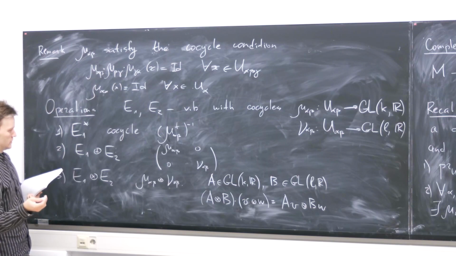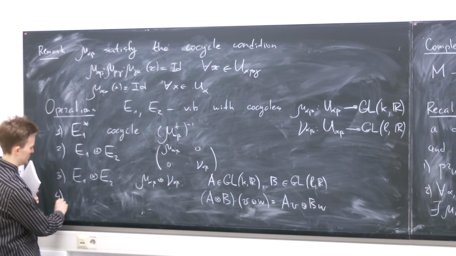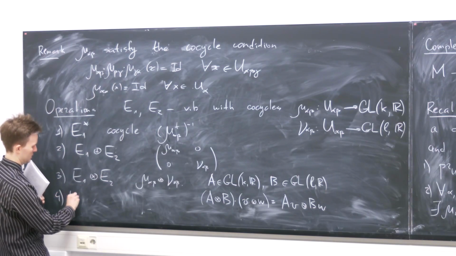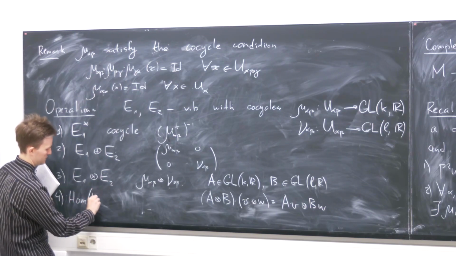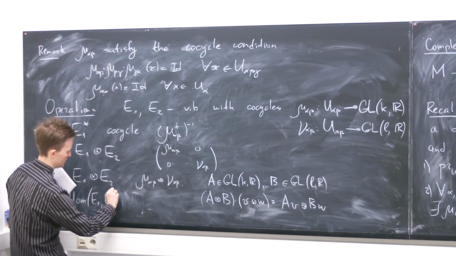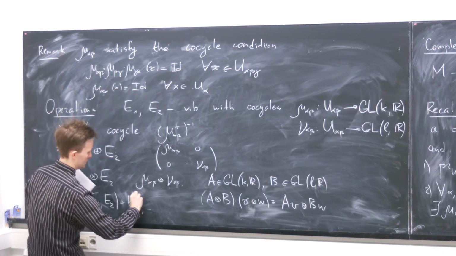And so on. There are many other things you can construct. For example, you can construct the bundle of homomorphisms from E1 to E2. This is just E1 dual tensor E2.